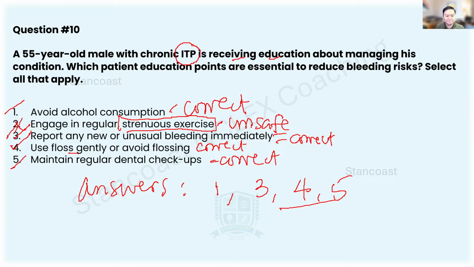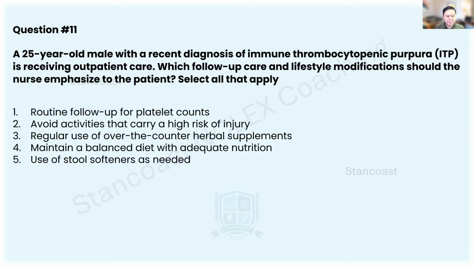Okay. Moving on to the next question, number 11. A 25-year-old male with a recent diagnosis of immune thrombocytopenic purpura is receiving outpatient care. Which follow-up care and lifestyle modifications should the nurse emphasize to the patient?